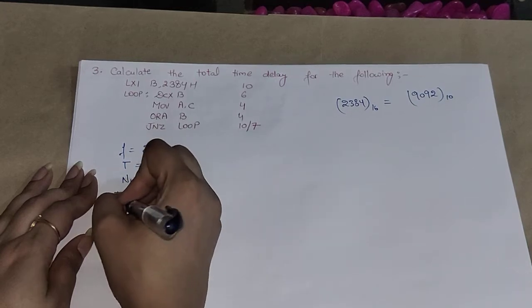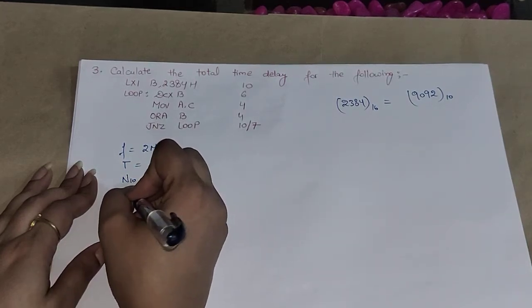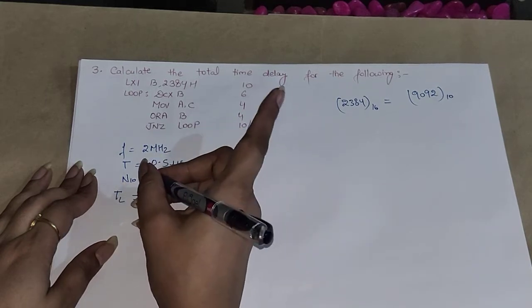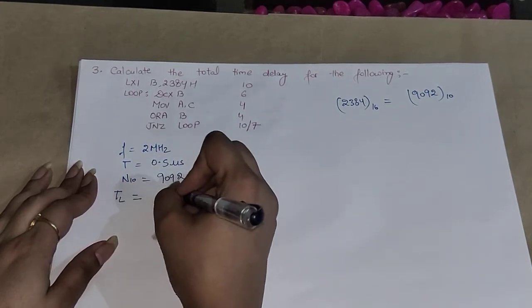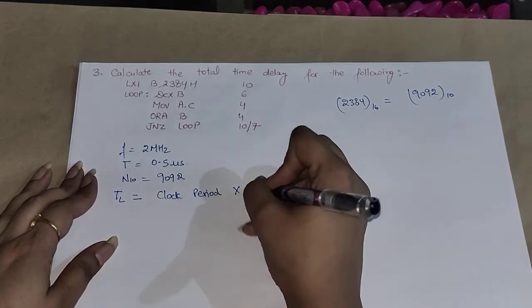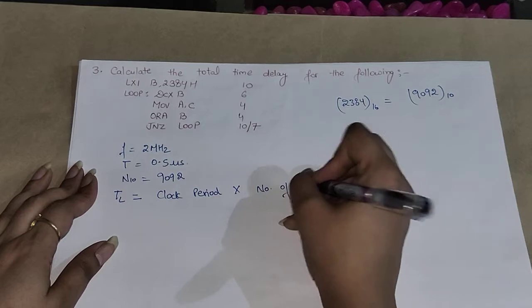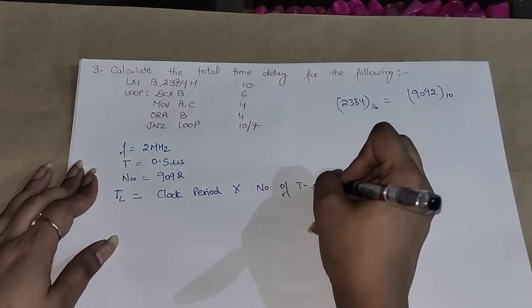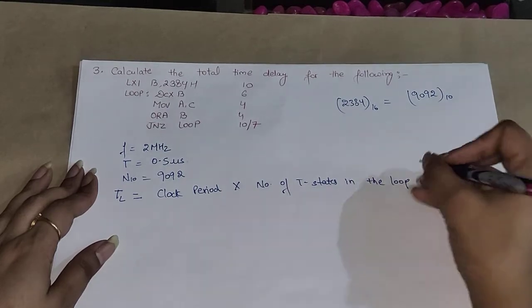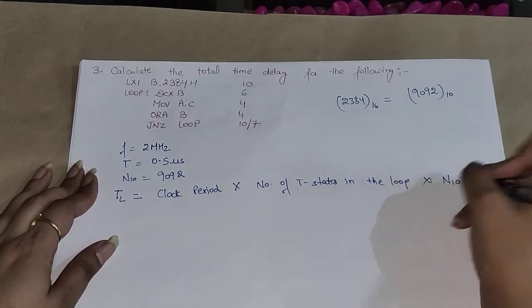Now let's compute the time delay. Time delay inside the loop is equivalent to clock period multiplied by the number of T states in the loop, multiplied by N10.